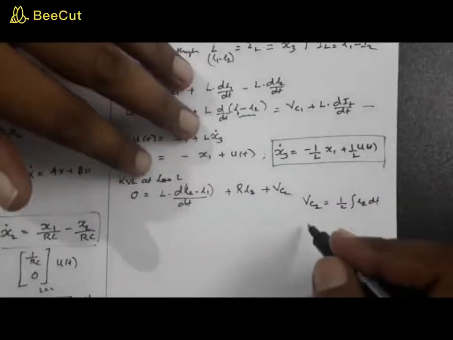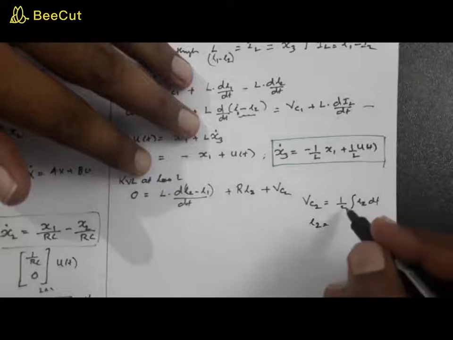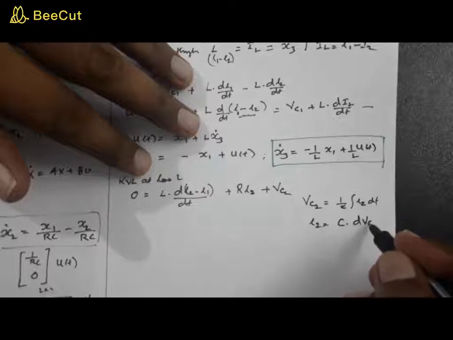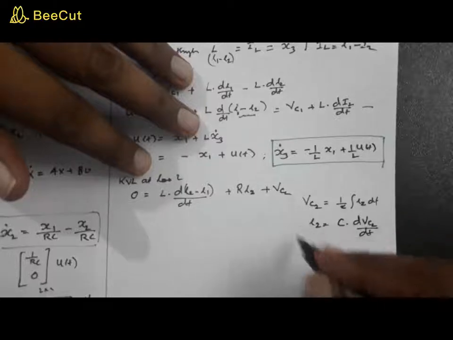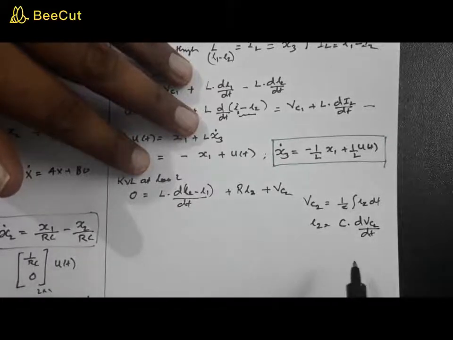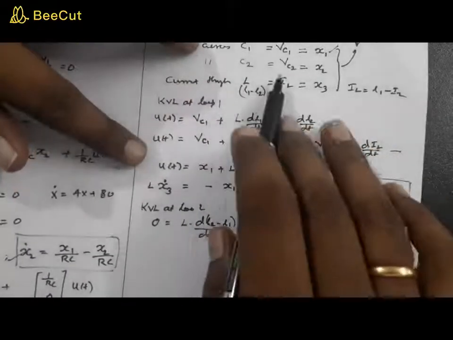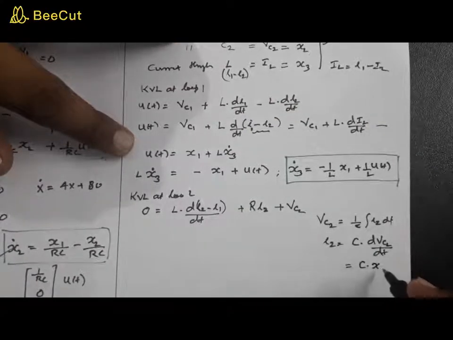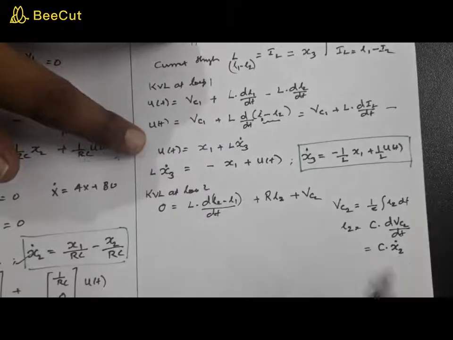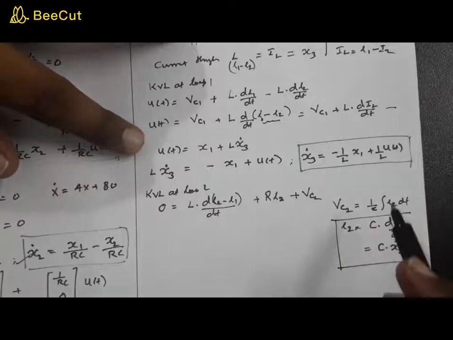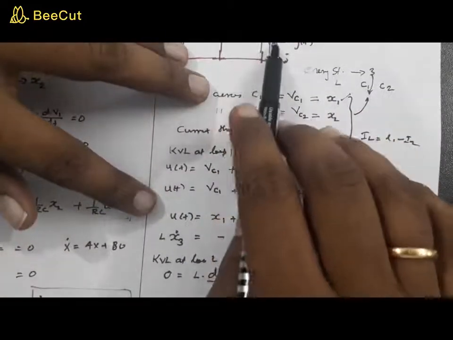Assuming C is a constant, I2 is C into dVC2 by dt. VC2 we have assigned as X2, so this can be written as C into X2 dot. This is the substitution that you need to make for I2. Hope you understood.